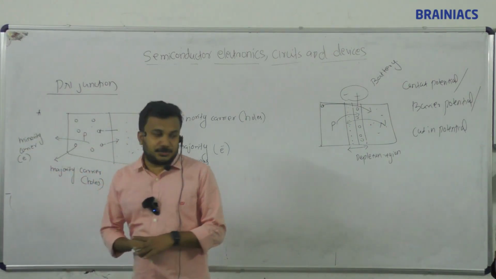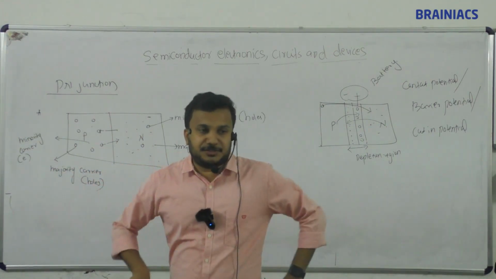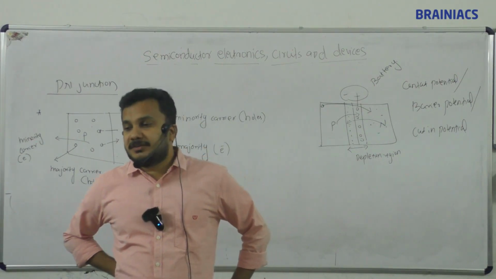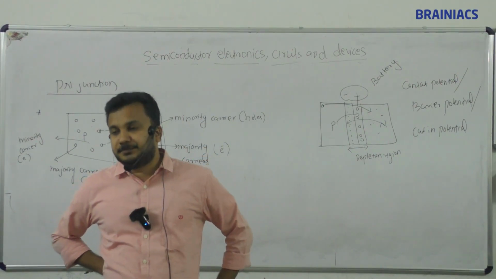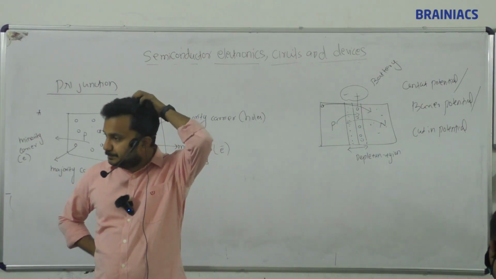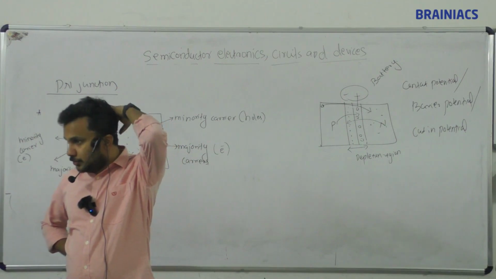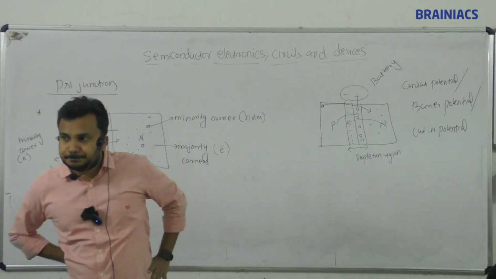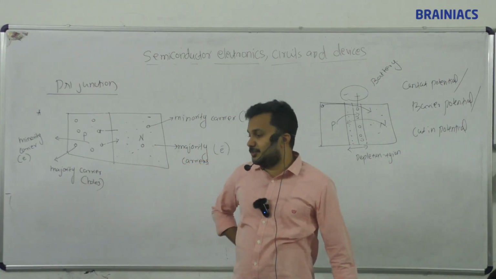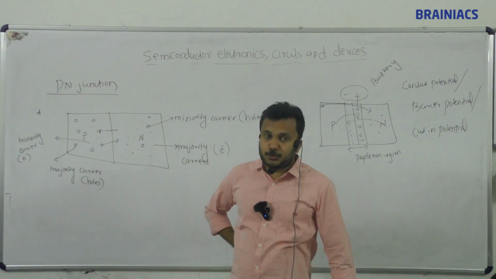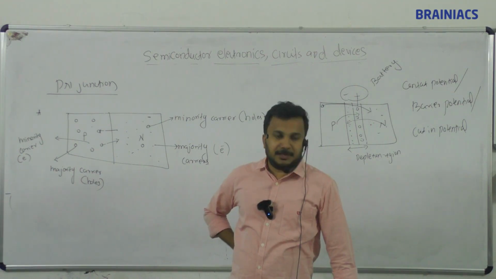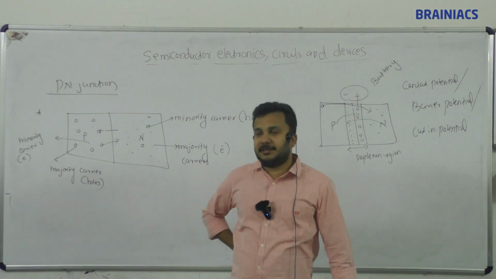Called PN junction. So the next point below, the first point: in the P side, hole concentration is higher, and it moves towards the N side.